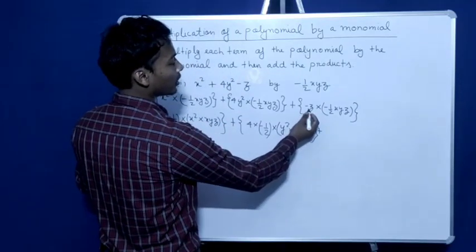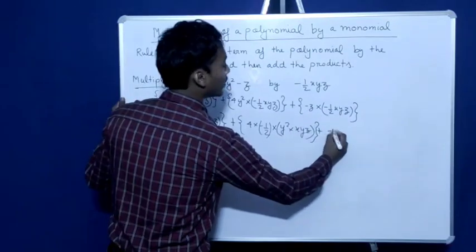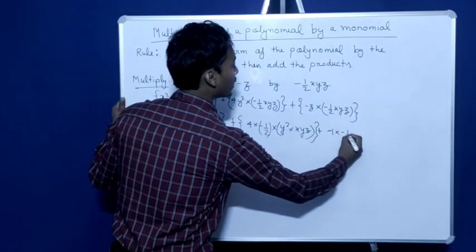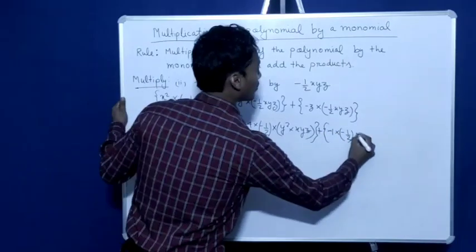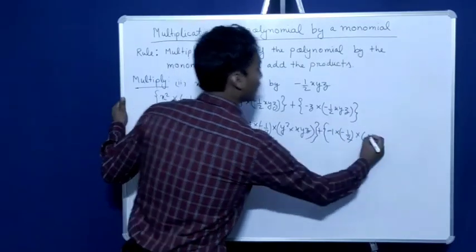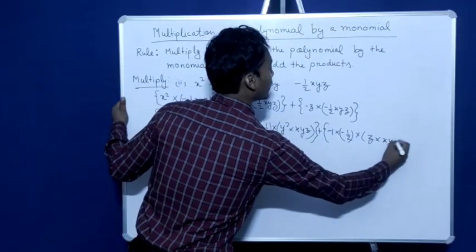Negative z means what? What is the numerical coefficient? 1. So it means negative 1 multiplied by negative 1 by 2. Then multiplied by z times xyz.